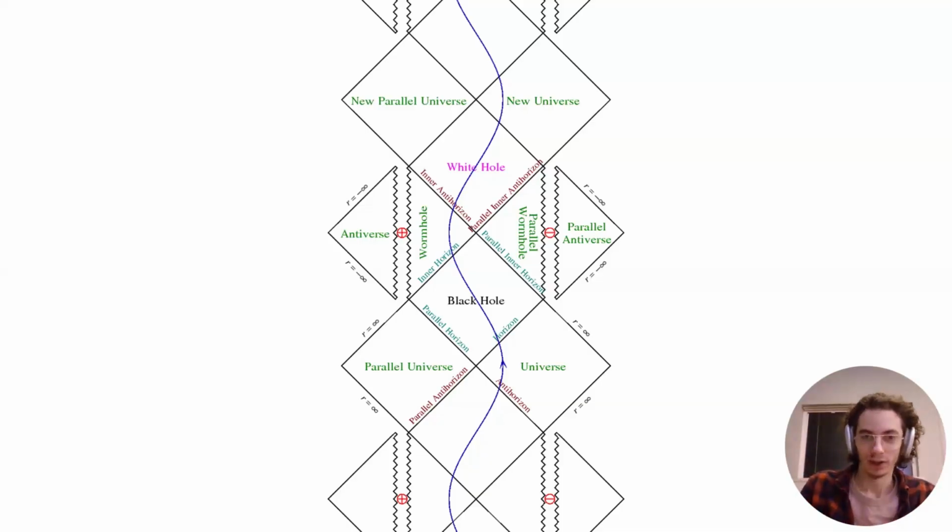But anyway, notice that if we're in our universe, we can go through a black hole. We can kind of skirt around the singularity and enter through another event horizon, and we'll go into a new universe or a new parallel universe. This is basically showing that with spinning black holes, it opens up the possibility mathematically for travel through our universe and other universes.